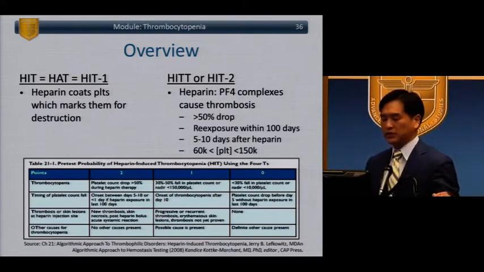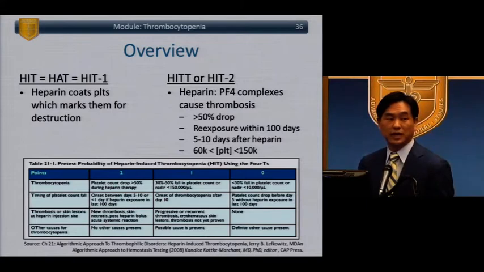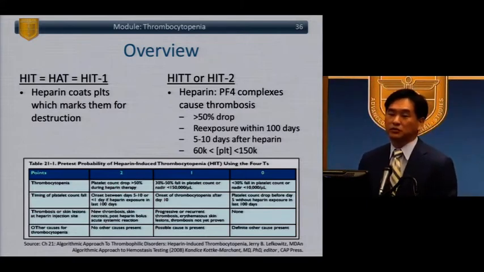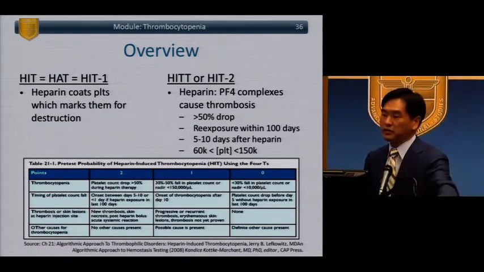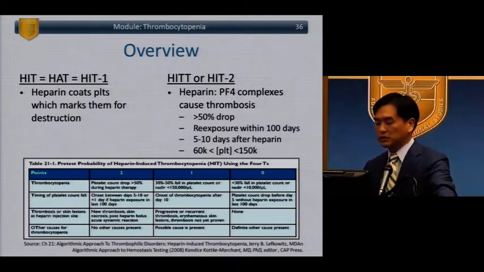So the risk factors for this, note that the thrombocytopenia and thrombosis is associated with a greater than 50% drop in your platelets, so it's a relative number, not an absolute. So just because your platelet count drops below 100 doesn't mean you're in. If you go from 300 to 100, guess what? You're in. Re-exposure within a little over 3 months. The time course of the thrombocytopenia is about a week in.